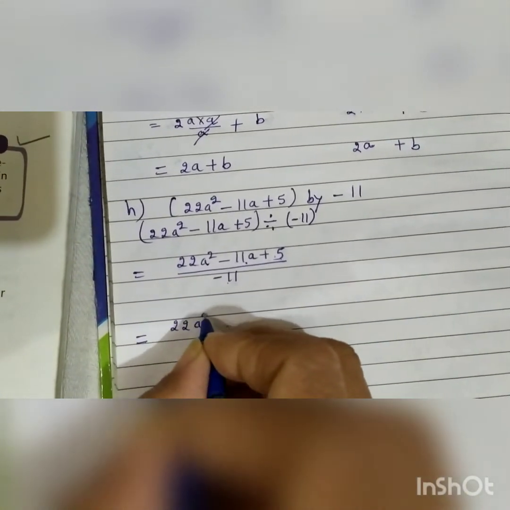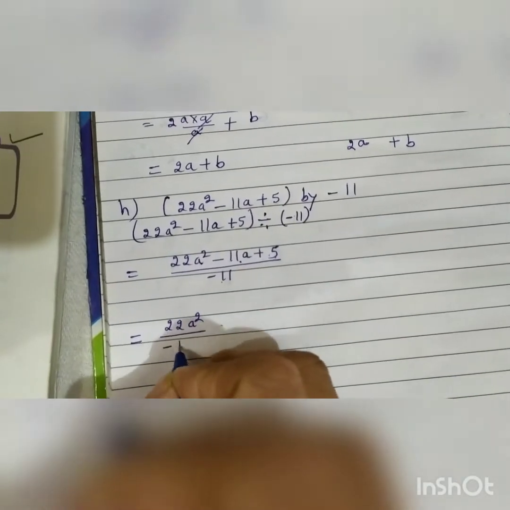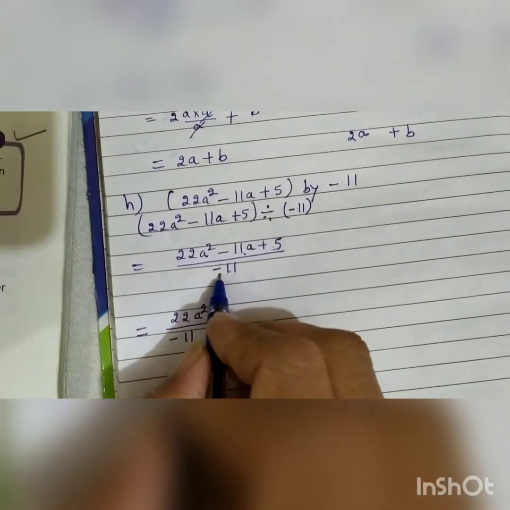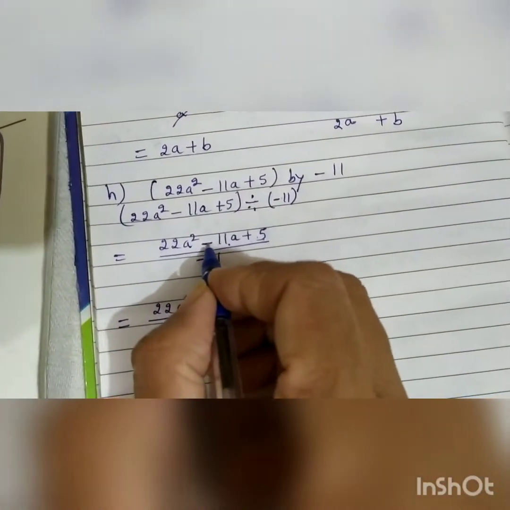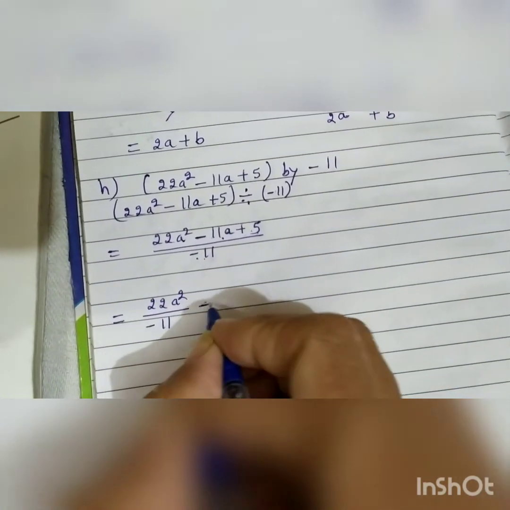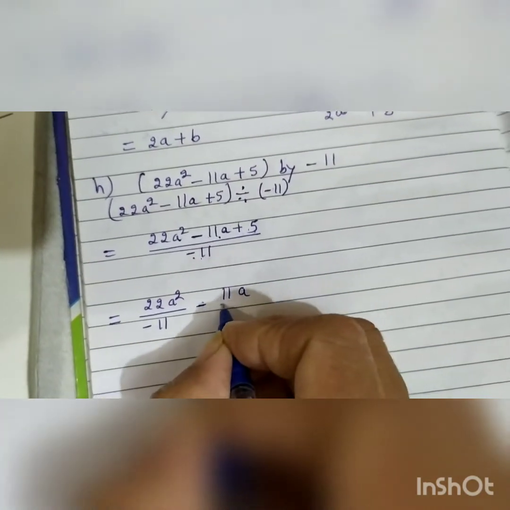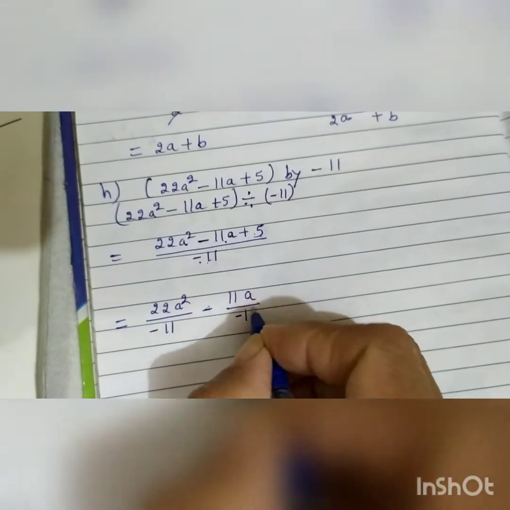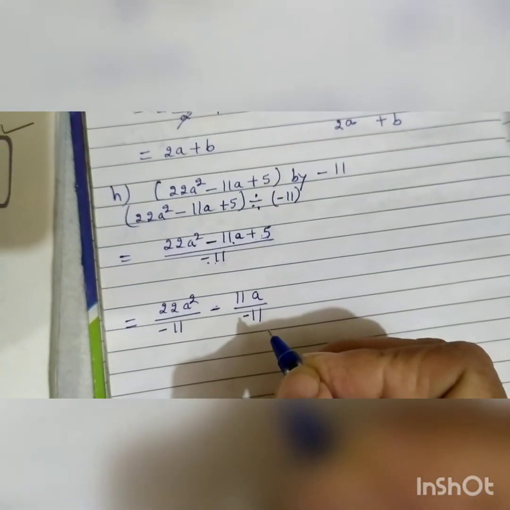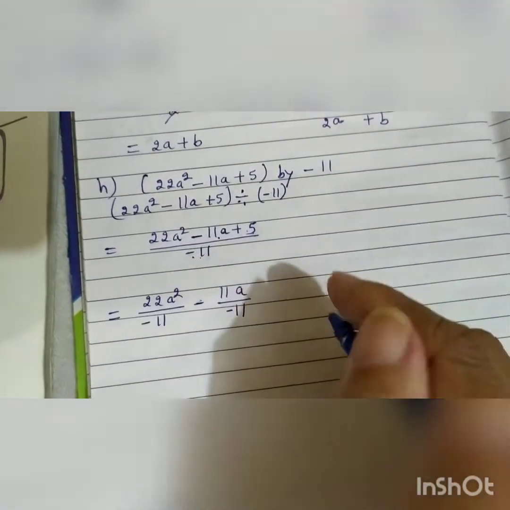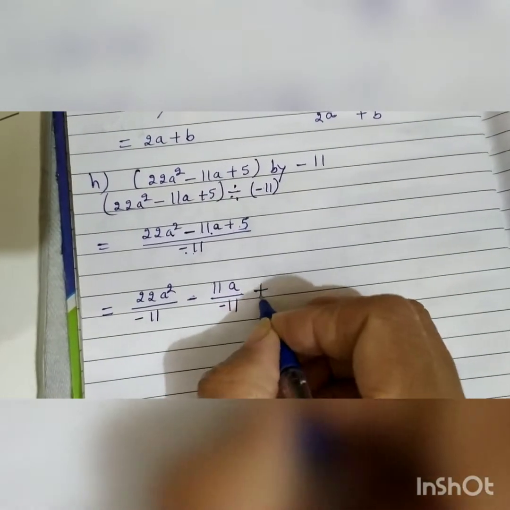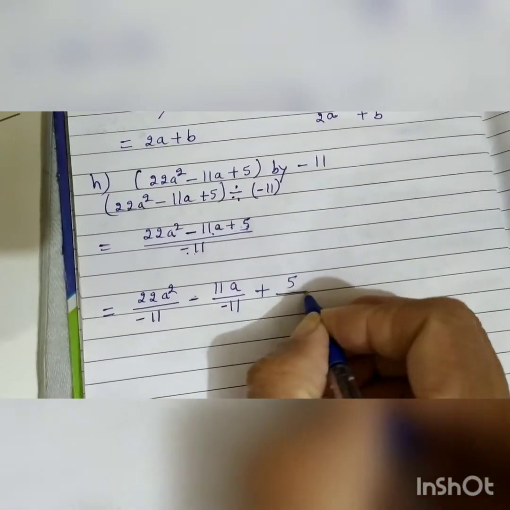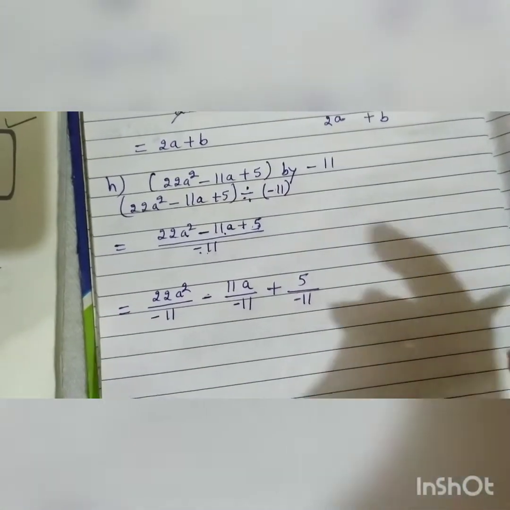That is 22a square upon minus 11, then minus 11a upon minus 11, then this plus sign, 5 upon minus 11.